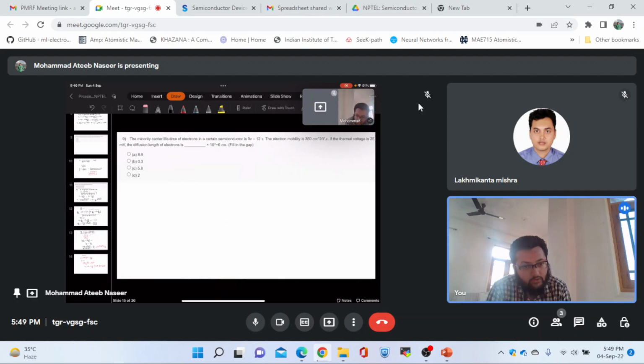So we have been told to find the diffusion length of these electrons, and it's given that it will be in the units of centimeter.